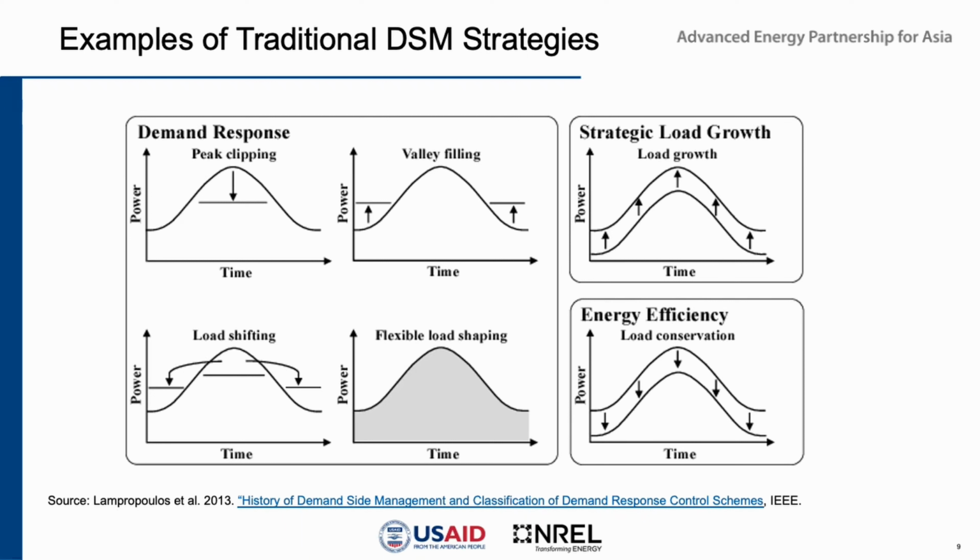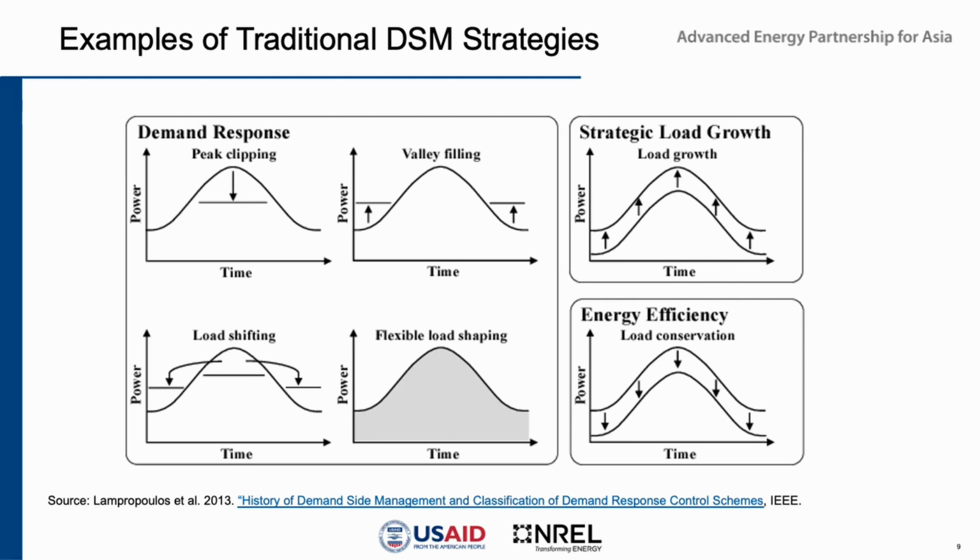Also, energy efficiency, the load conservation strategy, is simply to lower the load profile uniformly throughout the day so that not only is peak load reduced, but overall demand for electricity is also reduced.